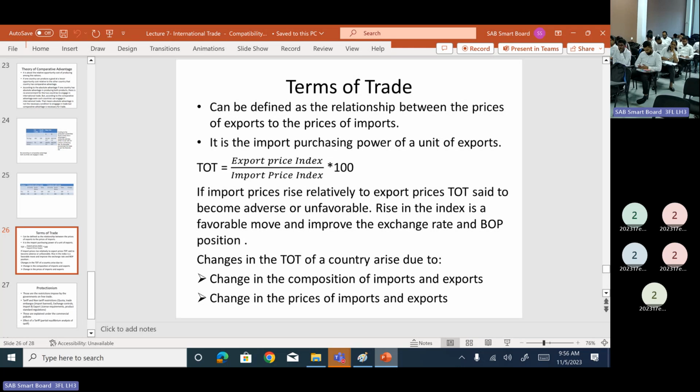And the change in the prices of imports and exports will affect the terms of trade. So here we take the price index.